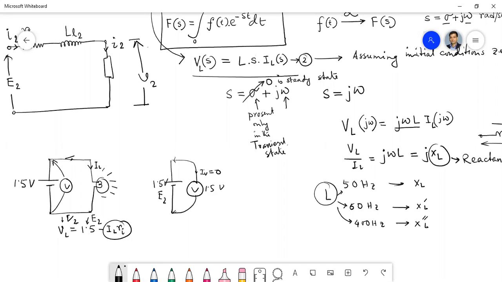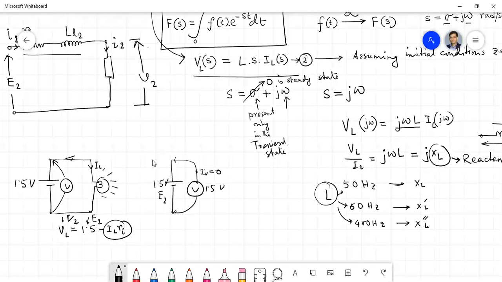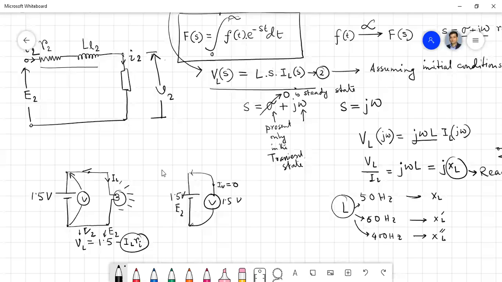As it's an AC application, we get internal impedance. We should mention the term internal impedance, not internal resistance. In case of DC batteries we can use the term resistance, but in case of AC application we have to use the term internal impedance. So due to this internal impedance drop, the voltage will no longer be E2, it will be V2, which is E2 minus I2R2 minus L dI/dt.